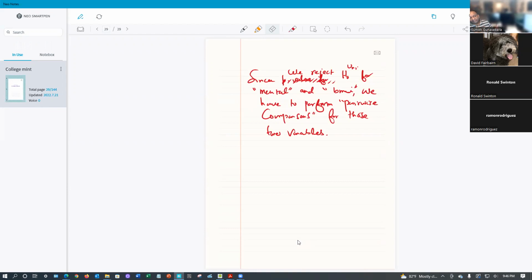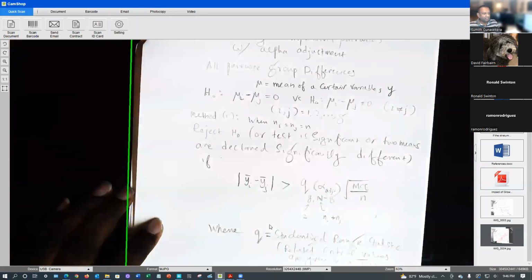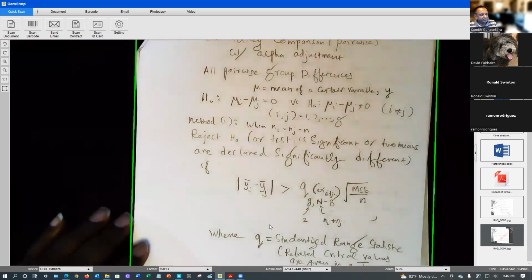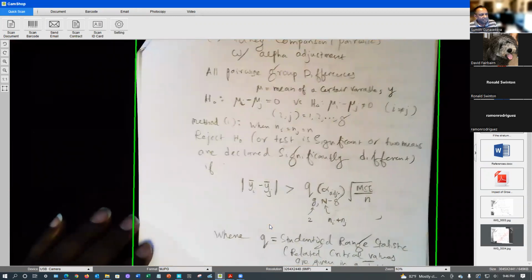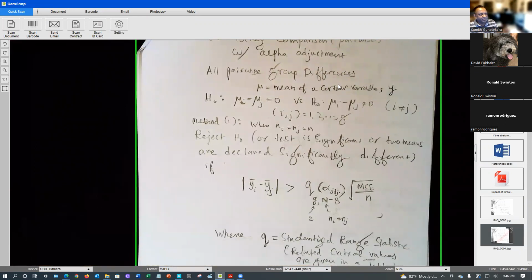How do you do the pairwise comparison? Pairwise comparison means Tukey comes here. Under the pairwise comparison, that is Tukey, 2 at a time. We're going to do 2 at a time in each group. I'm talking about, for any given variable, 2 groups.